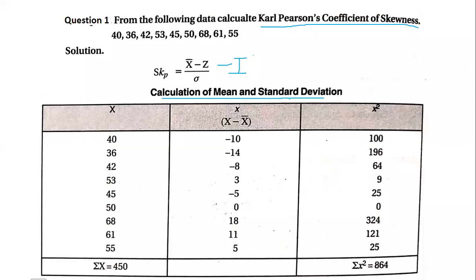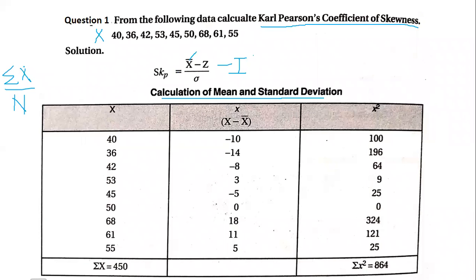Now for the mean and standard deviation, I will write down all these values in a table as X. First I have to calculate the arithmetic mean. What will be the formula? Sigma X divided by N. This is an individual series problem.